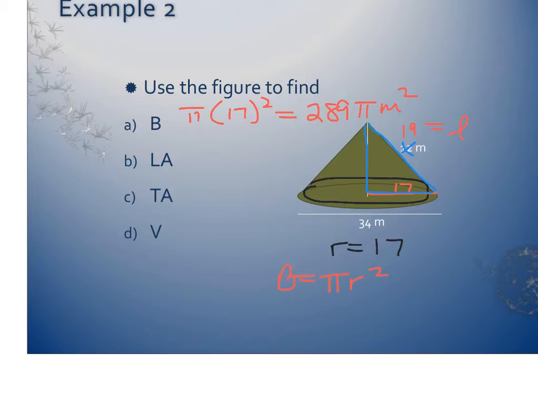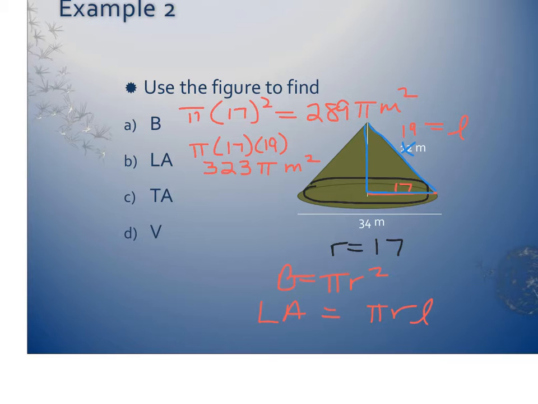Now for the lateral area, that's where I'm going to use pi times the radius times the slant height. So for my lateral area, pi times 17 times 19. And then 17 times 19 is 323 pi meters squared.